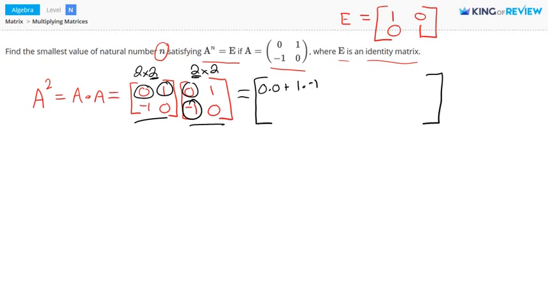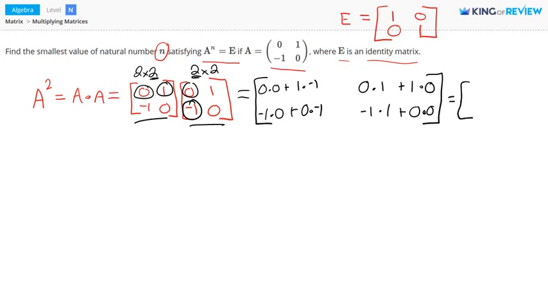Now we're going to follow the same fashion for the remaining entries. The next entry is negative 1 times 0 plus 0 times negative 1. Moving over to the second column, we have 0 times 1 plus 1 times 0. And our last entry is going to be negative 1 times 1 plus 0 times 0.